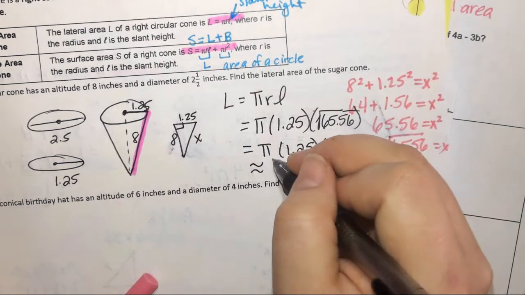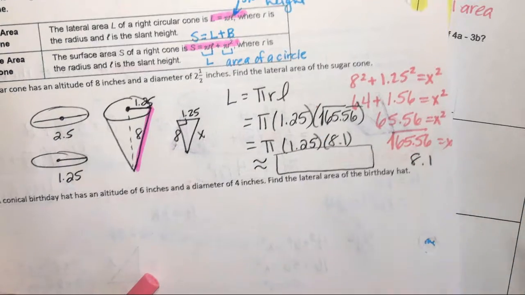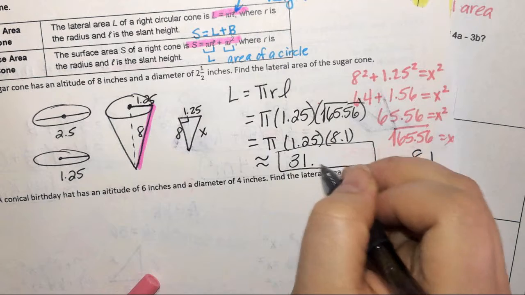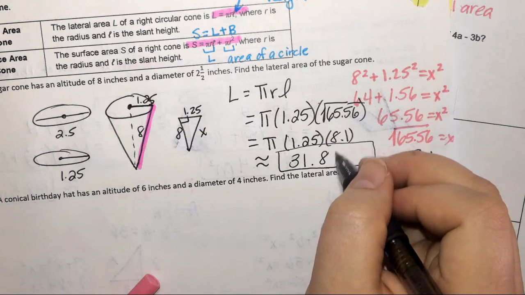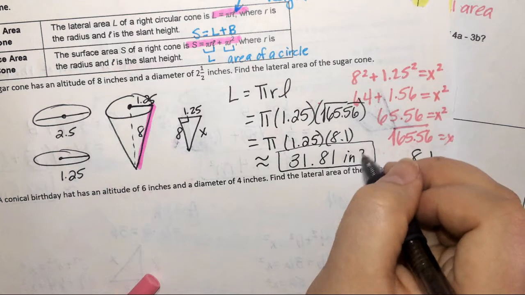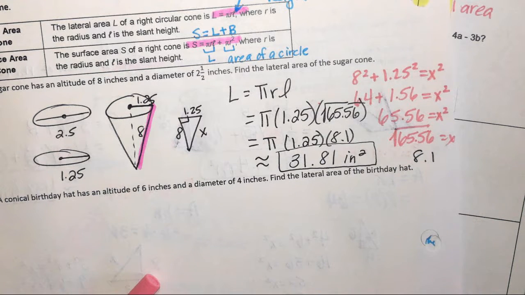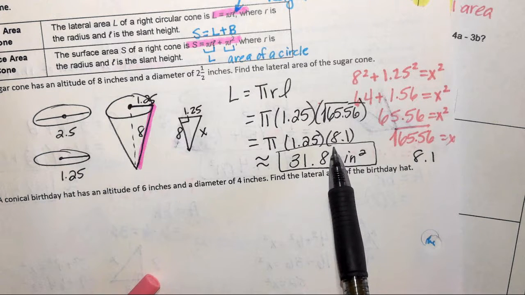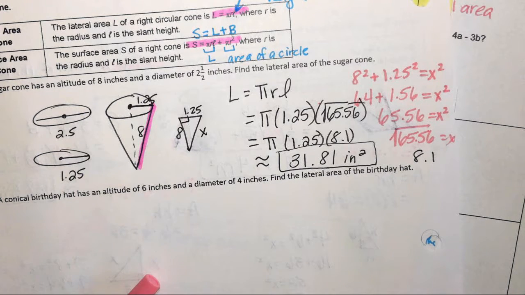You type in the whole thing and you get 31.81. And it didn't say what to round to, so let's go with that. He got 31.81. You didn't get 31.81? No. I got 10.31. Okay. You did 3 times 1 times 8. It's going to be higher than 24. Okay.